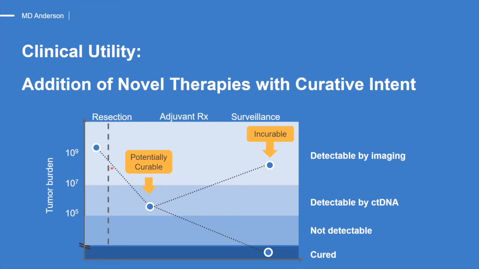So there's this phenomenon that we say, okay, if you have less than 10 to the 7th tumor cells in your body, we can give adjuvant chemotherapy and we can cure patients in that setting, right? We can take some degree of tumor burden and we can take it down and eradicate all the disease, right?